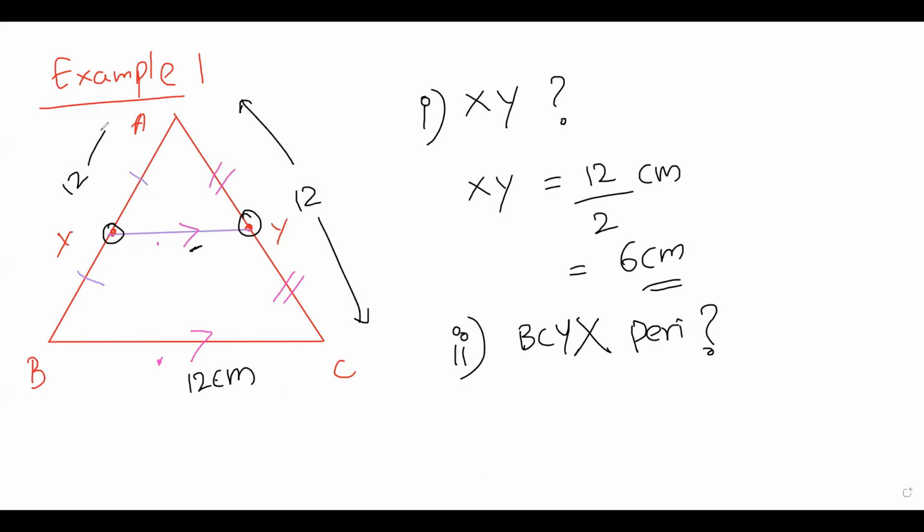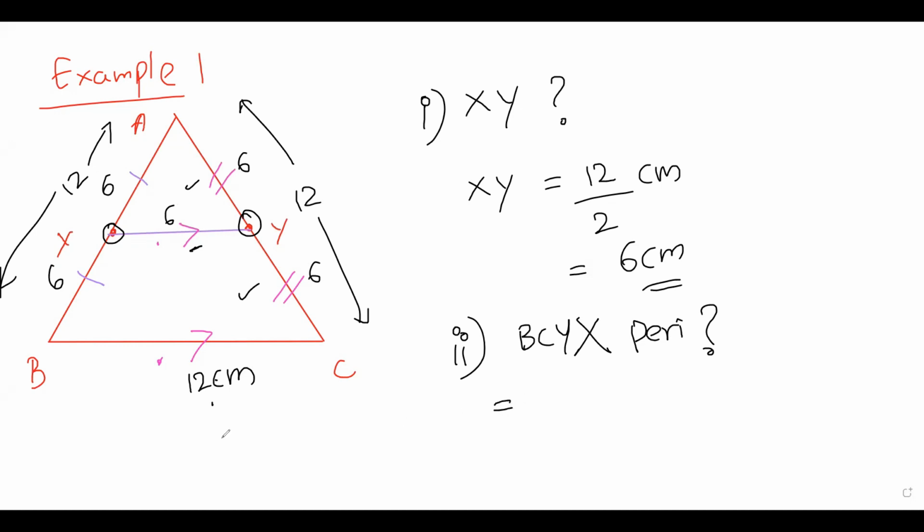You know these two parts are equal, so this one is 12, this one is 6, and this one is 6. According to the midpoint theorem, this one is half of the 12. Now you know the lengths for BCYX.